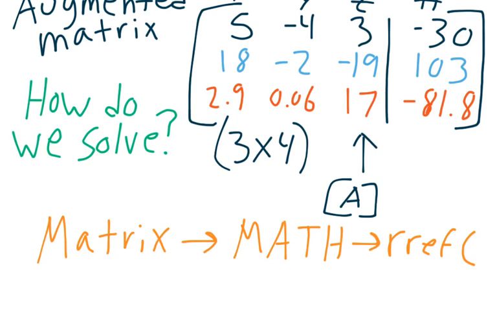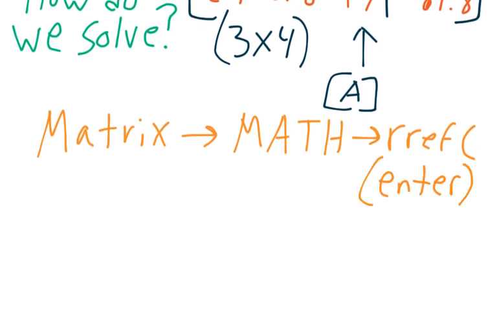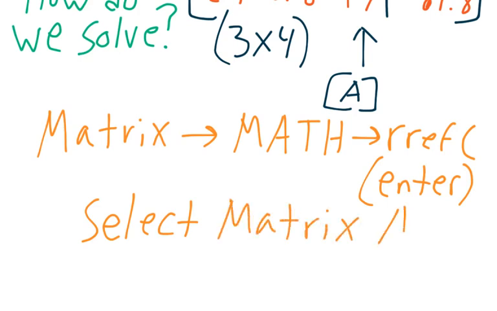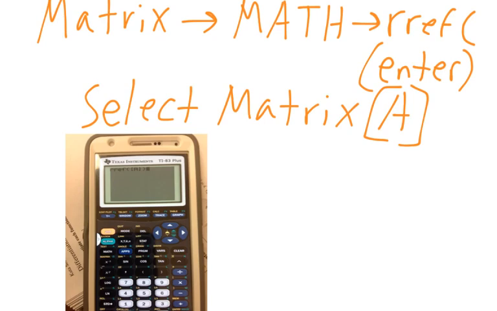So again, look for matrix and the math option, scroll down, find RREF, press enter when you do that, and then select matrix A. Or wherever you stored it. If you stored this as B, select matrix B, whatever you gotta do. So it should look something like this on your screen. So you see, all I did here was just select RREF, matrix A, now hit enter, and you should have this for your screen.